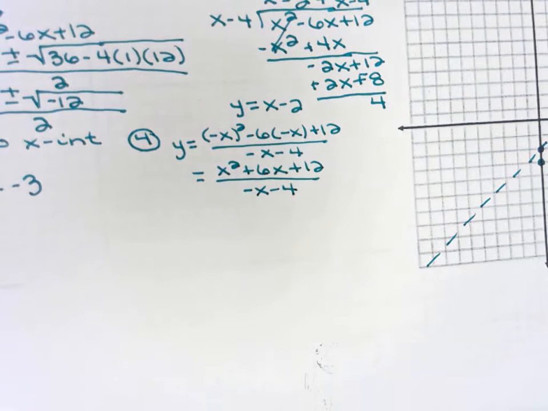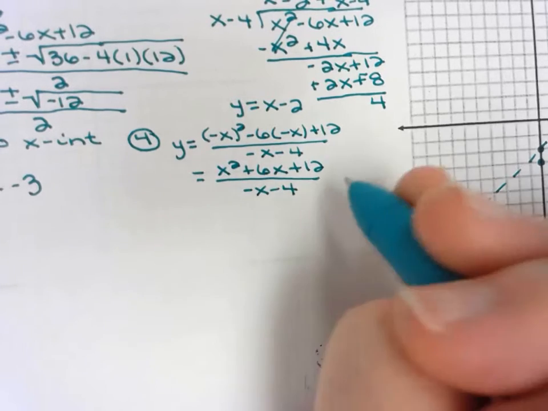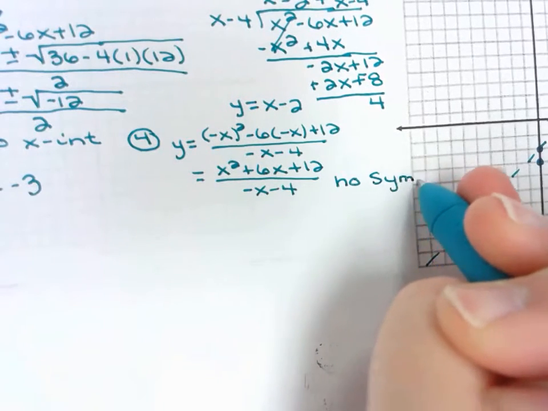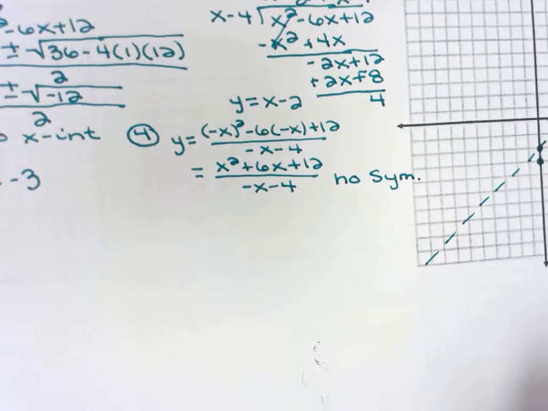Do I get back the original? No. Will taking out a negative 1 get me back to the original? No. So there is no symmetry. Sometimes there'll be symmetry, sometimes there won't. Symmetry isn't a huge deal, but it helps you visually think about the graph as you work through it, if you're on the right track.